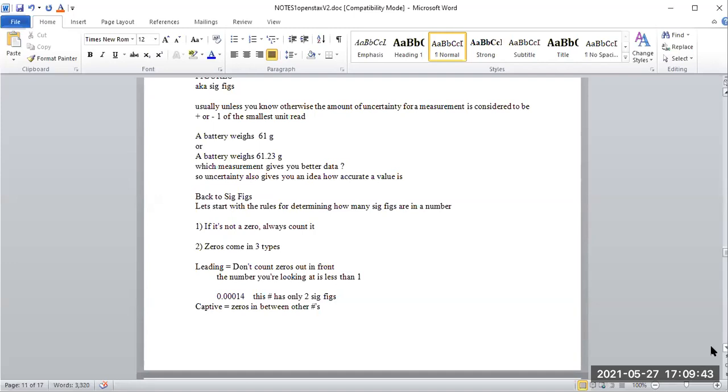Since some of you have done lab, you will know that the balances we use in our lab are reporting to 3 decimal places. That makes the third decimal place the milligram spot, the uncertain digit.